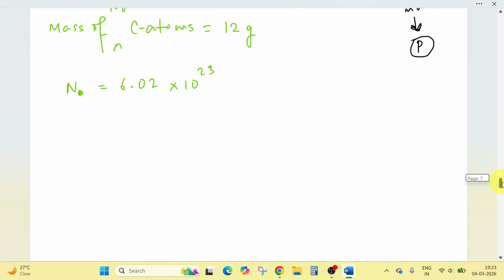Mane 12 gram is the total weight. Mane I am writing. Therefore, try to understand. It will be helpful in chemistry as well in your upcoming classes.